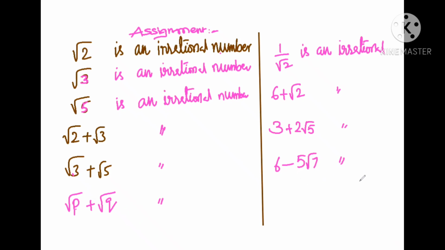Because of our wrong assumption, we reached the contradiction. So our assumption that the given irrational number is equal to the rational number p by q, for example 1 by root 2 is p by q, is wrong. So the given statement, 1 by root 2 is an irrational number.